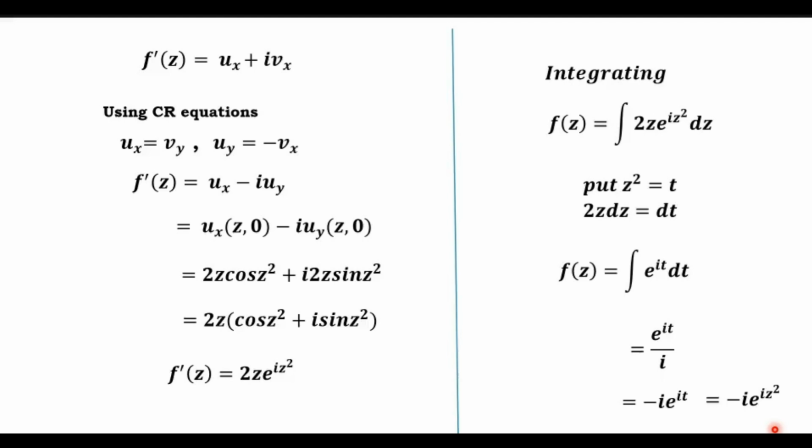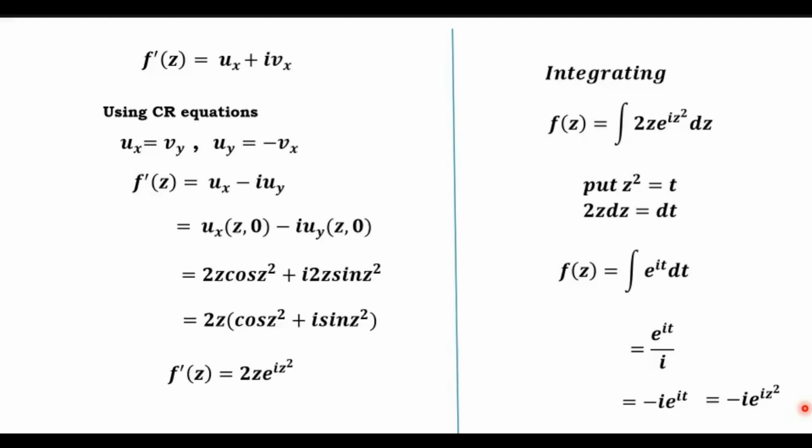So f of z is equal to minus i e raised to i z square, and plus c we have to write. I forgot to write that plus c part also. Okay, we have a constant of integration plus c. So write plus c also after integrating. यहाँ पे plus c, लेकिन वो c को 0 ले लेते हैं हम लोग when we calculate the harmonic conjugate.